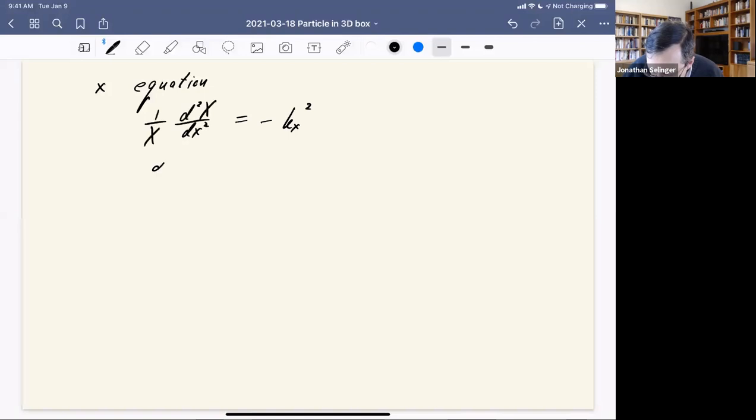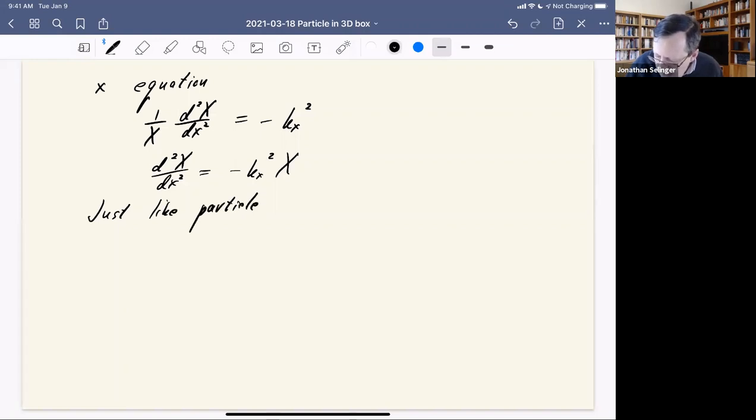In other words, the second derivative of big X is negative kx squared times big X. This looks just like the particle in a one-dimensional box, so we basically know the answer.